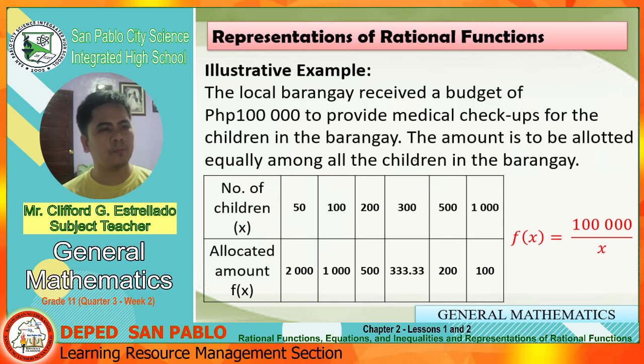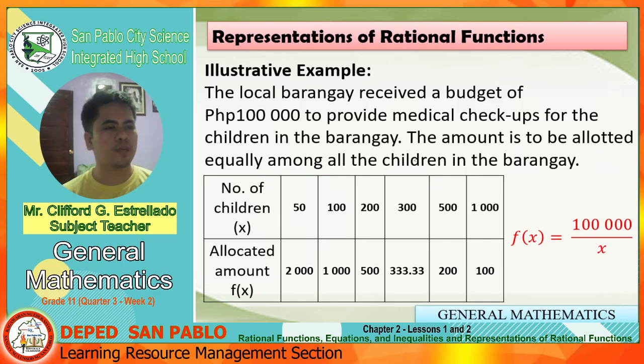Another way of representing rational function is by means of table of values. So by means of table of values, if the number of children is 50, the allocated amount, by using the equation that we have, f of x is equal to 100,000 over x, so 100,000 divided by 50 is 2,000 pesos.